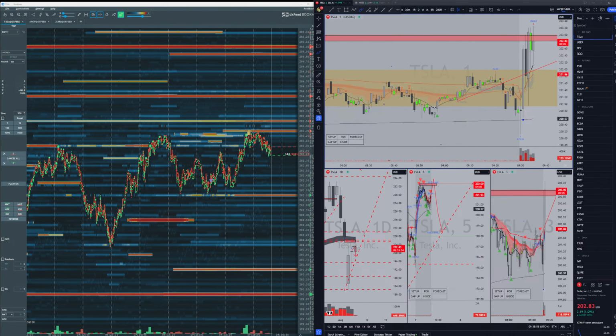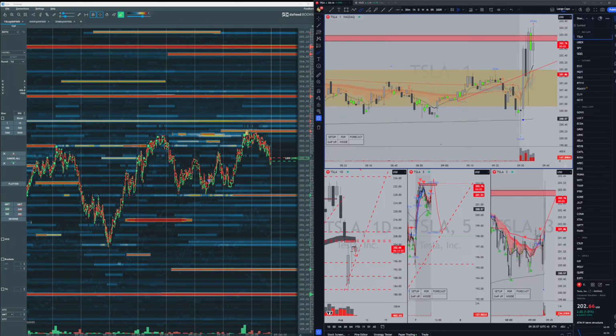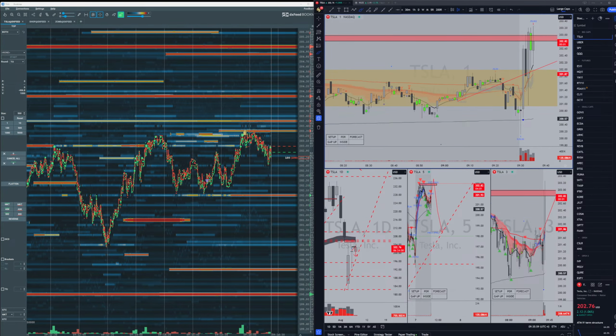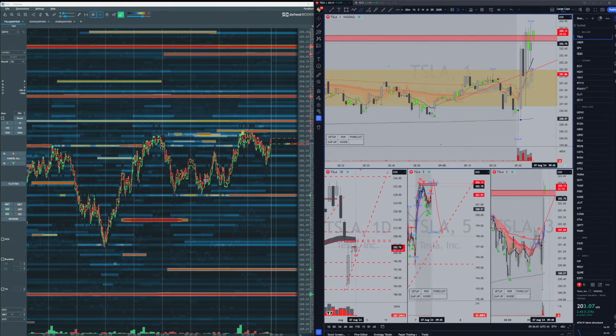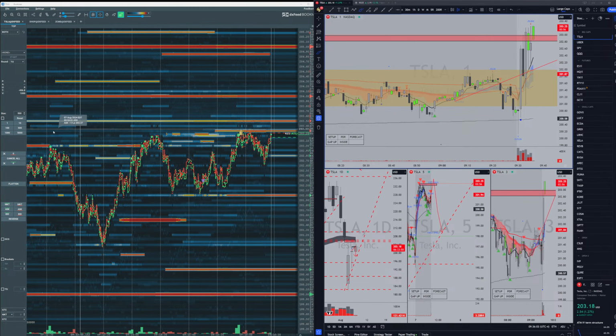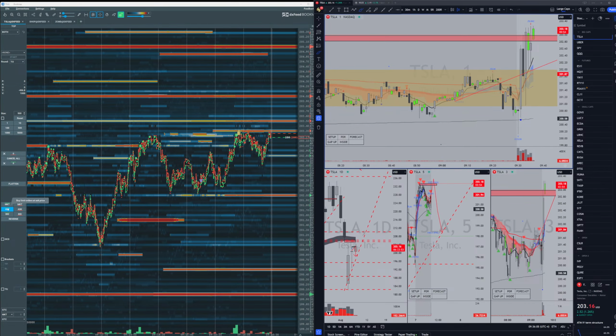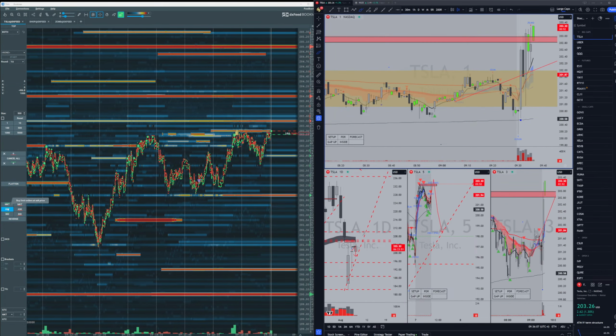So we had one win on Tesla for the long side, one short didn't work, so stop there. Now we're waiting. Dipping the pre-market high.